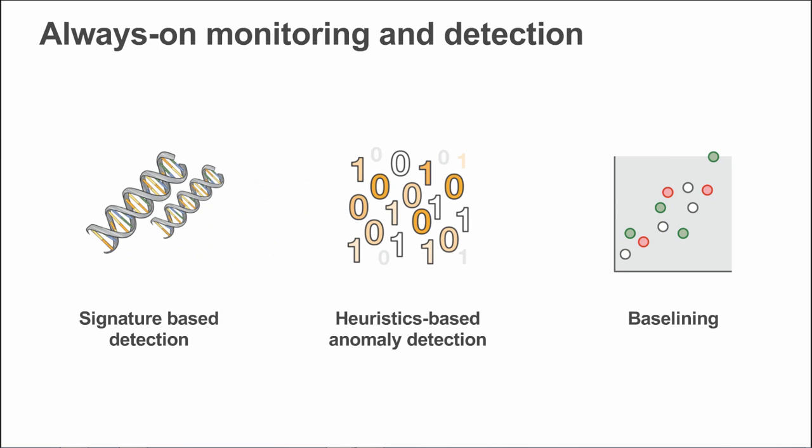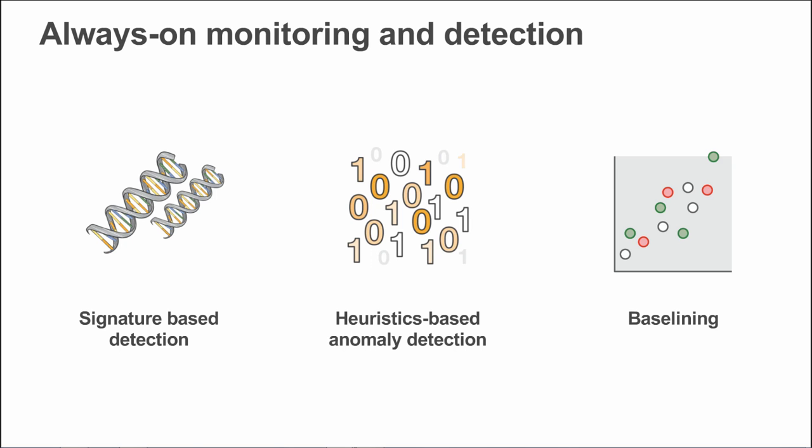In order to look for suspicious activities, we use a number of different techniques. We use signature-based detections, which are common known bad signatures that we know are definitely malicious and shouldn't be hitting your applications at all. So this is one of the simple techniques that we use to just drop packets before they reach your applications.